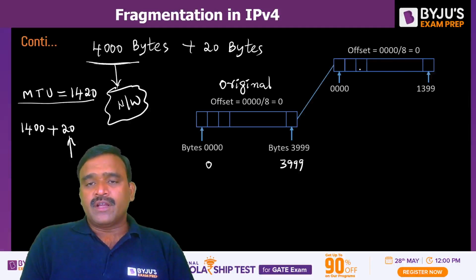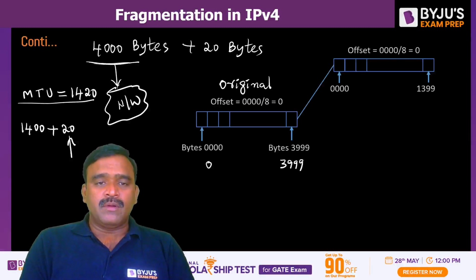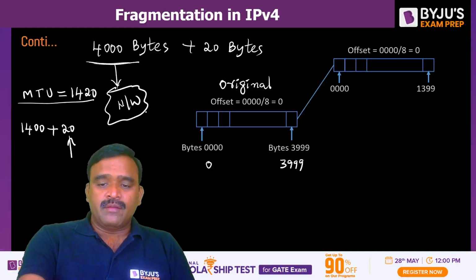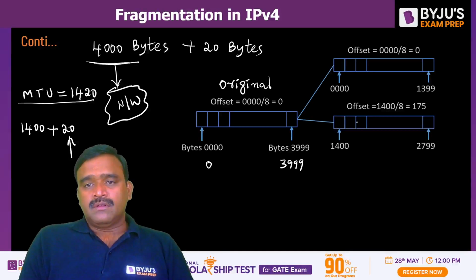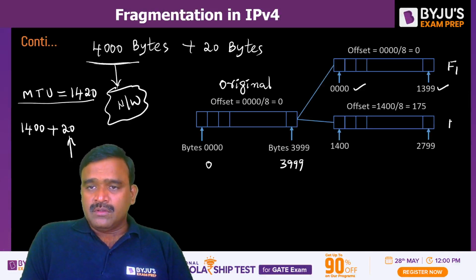The first fragment has 1400 bytes, and the second fragment is also 1400 bytes. Bytes 0 to 1399, total 1400, are in the first fragment, other than the header. The second fragment has bytes 1400 to 2799, also 1400 bytes. This is fragment 2.